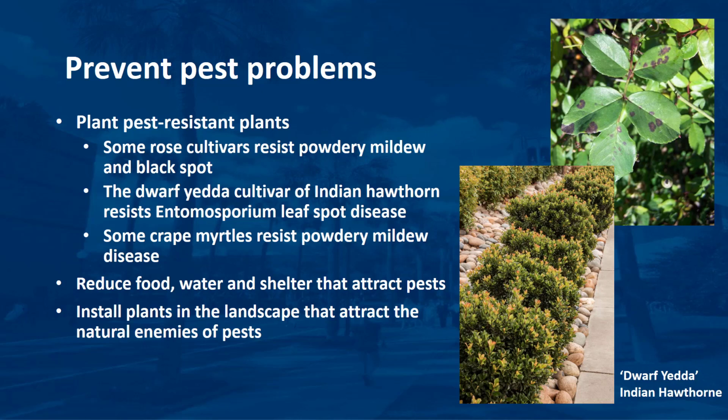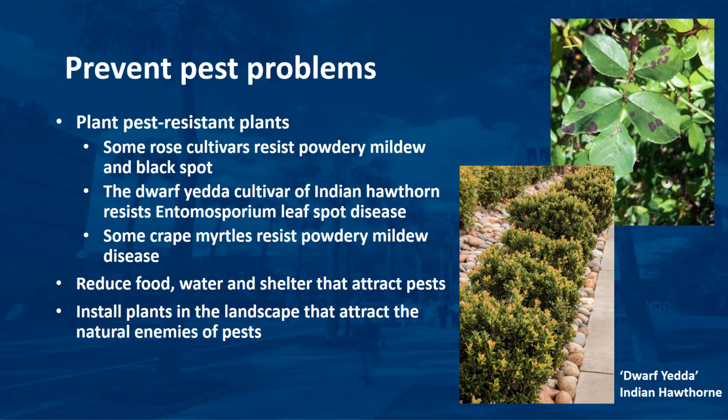Examples include certain rose cultivars that resist powdery mildew and black spot, the dwarf Yeddo cultivar of Indian hawthorn that resists Entomosporium leaf spot disease, and some crepe myrtles that resist powdery mildew disease. Pest resistance is also somewhat useful with insect pests. Pest resistance is long-term, is cost-effective, and does not require special equipment.